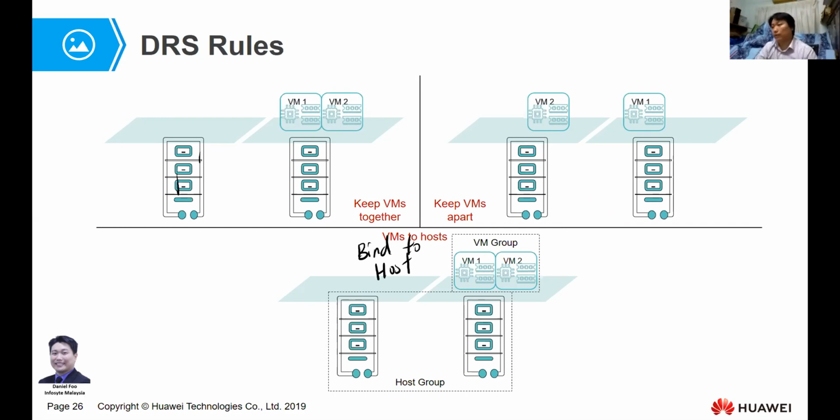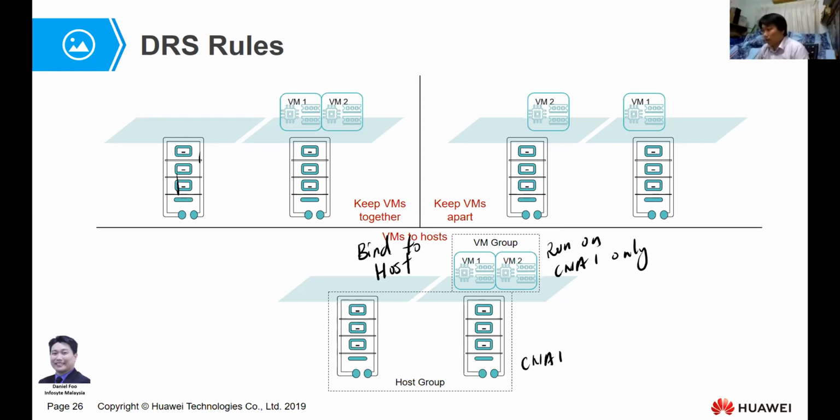So if you define the bind to host function, what they'll do here is VM1 and VM2 will always run on CNA1 only. So this is another configuration.